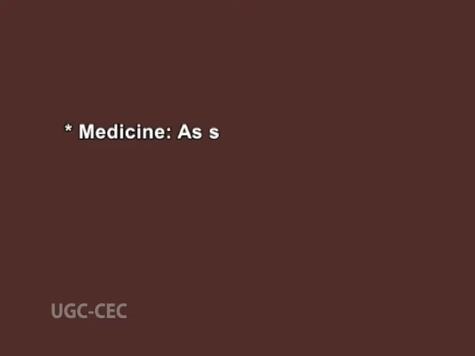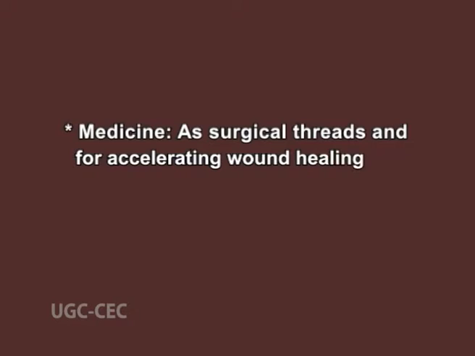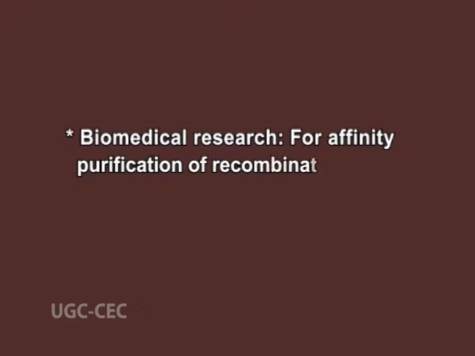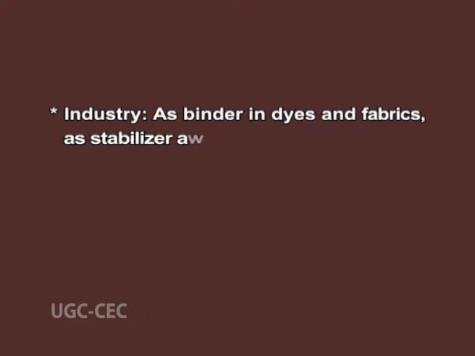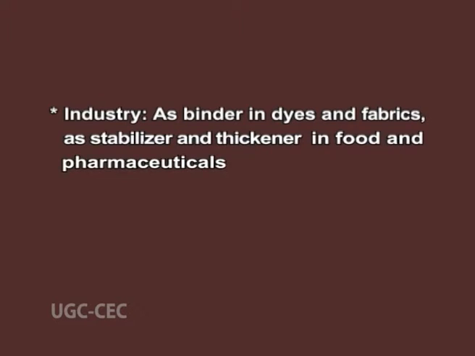In medicine, chitin may be used as surgical threads and for accelerating wound healing. Biomedical research, chitin may be used for affinity purification of recombinant proteins, whereas in industry, chitin finds use as binder in dyes and fabrics, as stabilizer and thickener in food and pharmaceuticals.